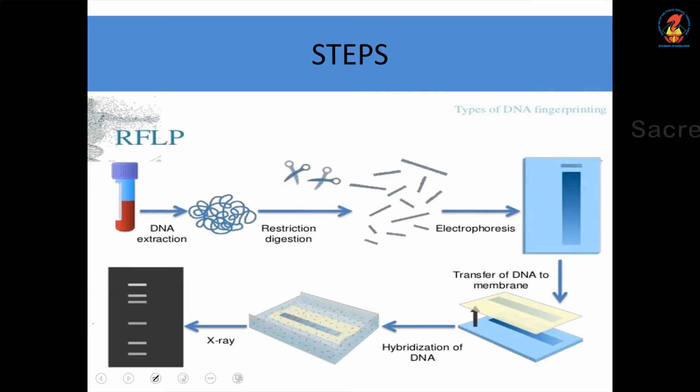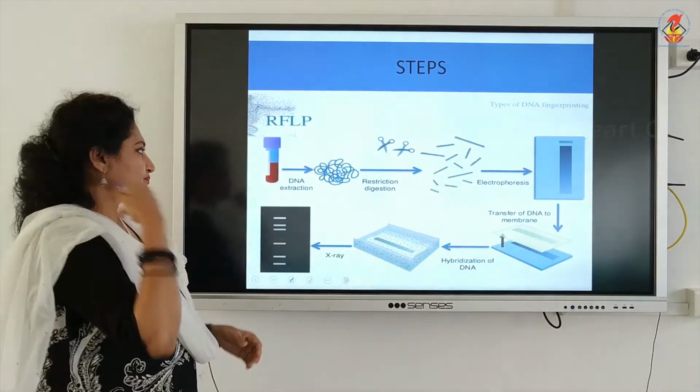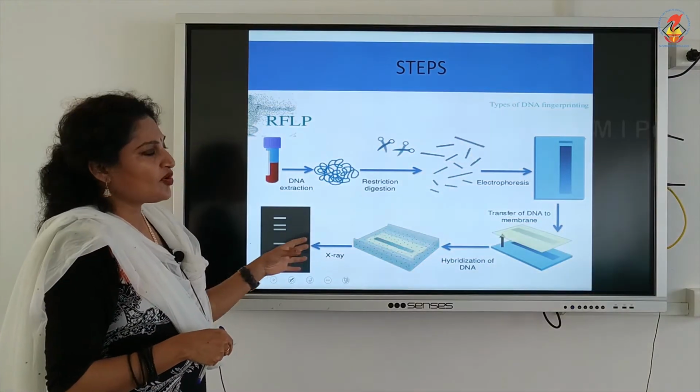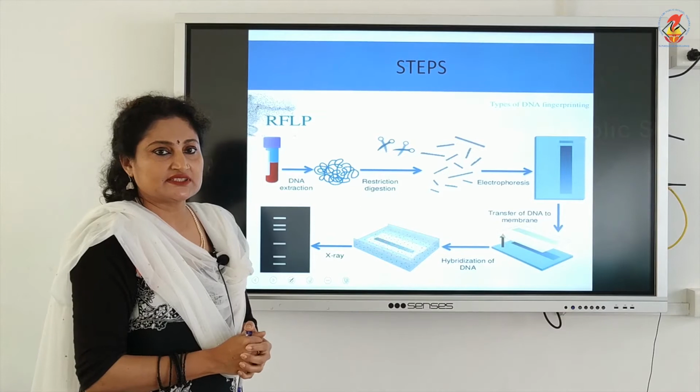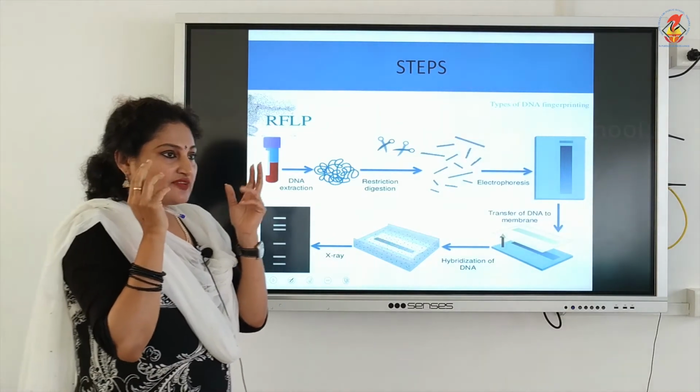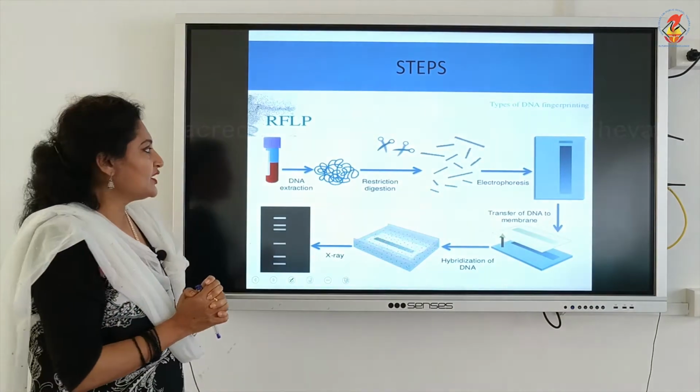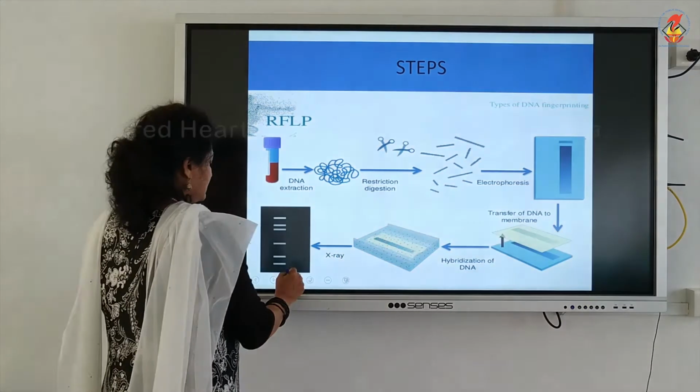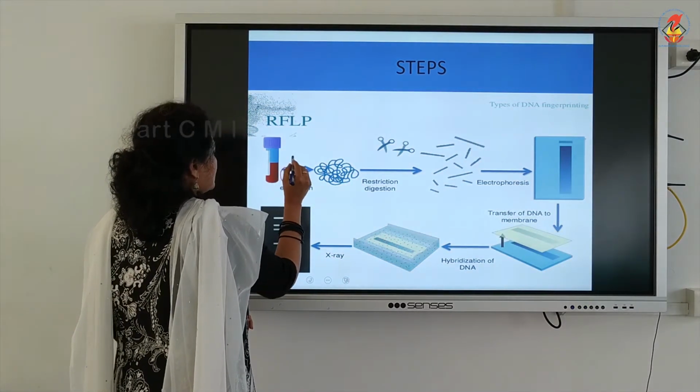Now moving on to the steps of DNA fingerprinting. The steps are given in the form of these diagrammatic representations so that it will have that visual effect in your mind. Okay. The first step is isolation of DNA.